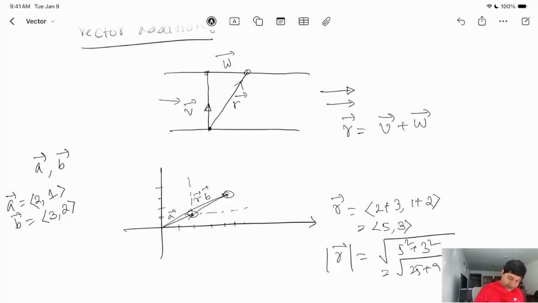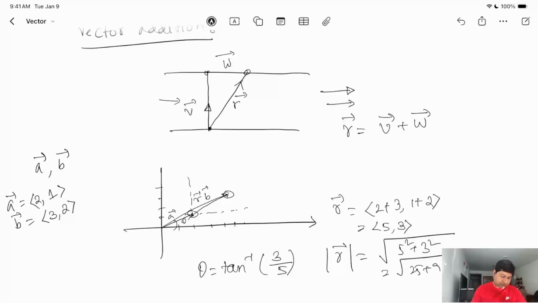And what about theta? Theta is the same way: the value of the Y axis is 3, so theta is tan inverse of 3 over 5. That was the resultant theta, which gives you the direction the resultant vector is going.